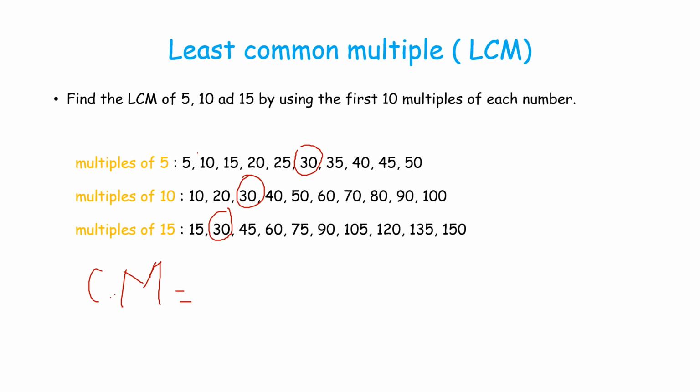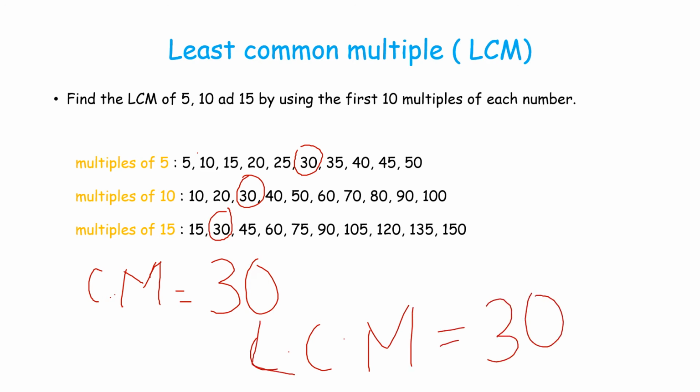It means that there is only one common multiple here, which is 30. So the least common multiple will also be 30.